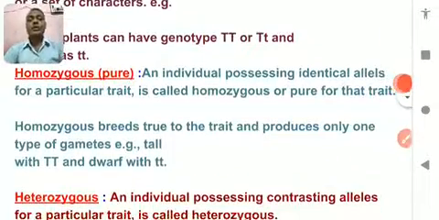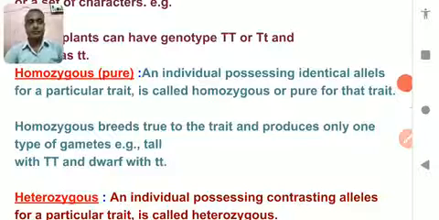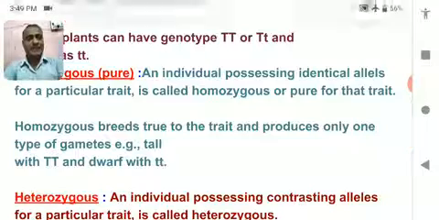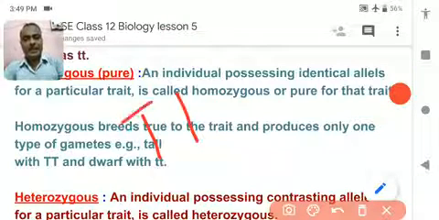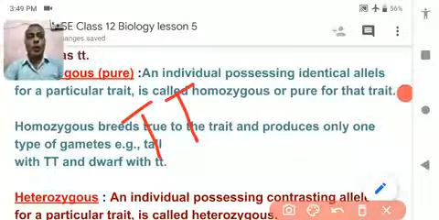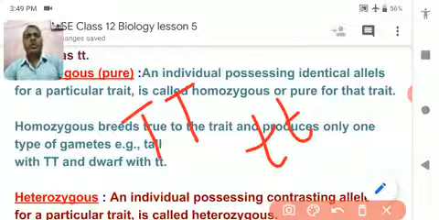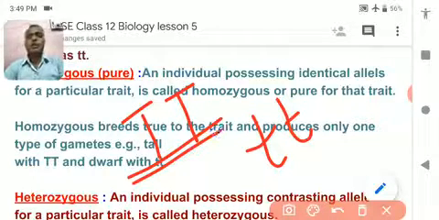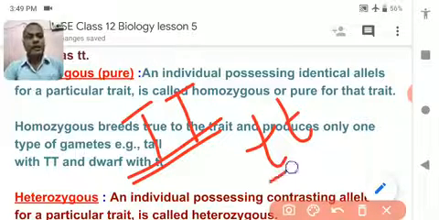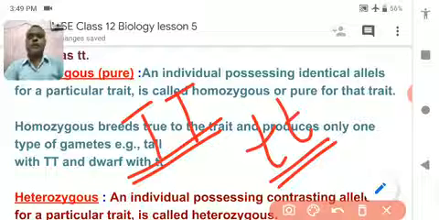Next, what do you mean by homozygous or pure? I have already explained in the last video that if both allele are same, either capital T or small t, where capital T is responsible for the dominant character, that is tallness, and small t is responsible for the recessive character.